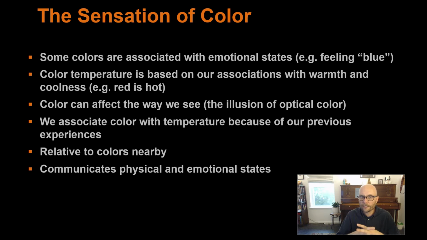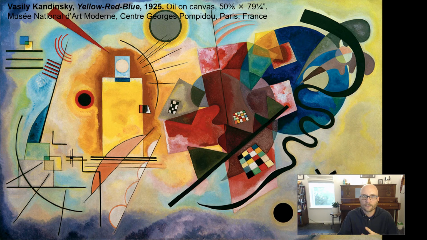So let's take a look at the sensation of color. Some artists believe that color could express things beyond what we see. This is a painting by a guy named Vasily Kandinsky, and Kandinsky painted almost completely abstract works later on in his career because he was a very spiritual guy, and he believed that color could represent spiritual ideas.